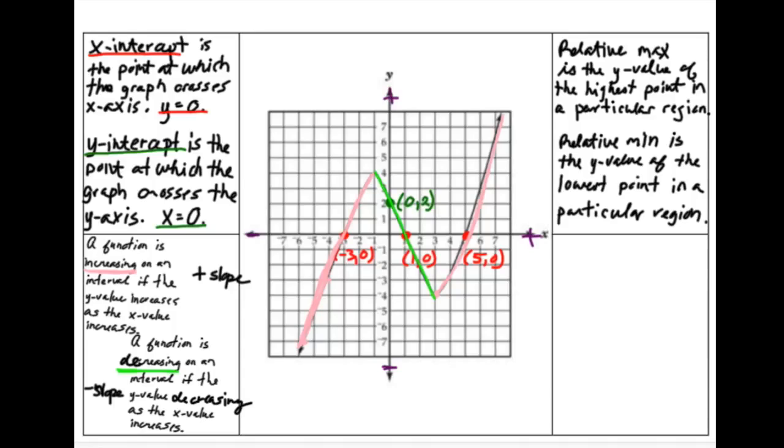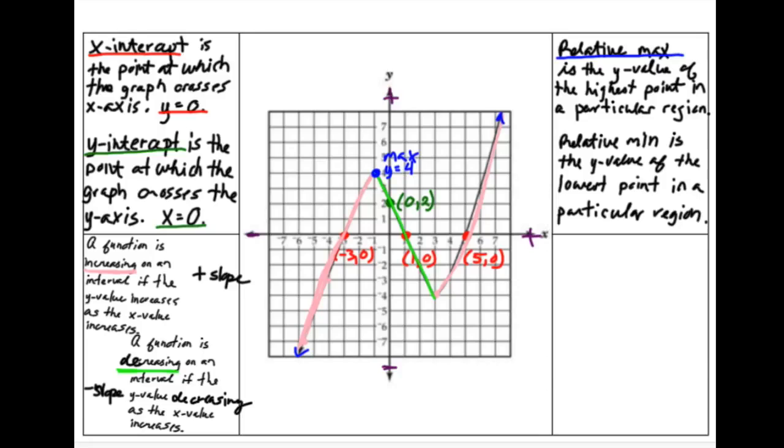So in this particular graph, the relative maximum in the region that we're looking at, because this graph goes up and off with an arrow and down and off with an arrow, we're assuming that we're not looking at those points because they go off into infinity, right? So the relative maximum is the highest point, which is right up here, and the y value is 4. So y equals 4, and that's the maximum.